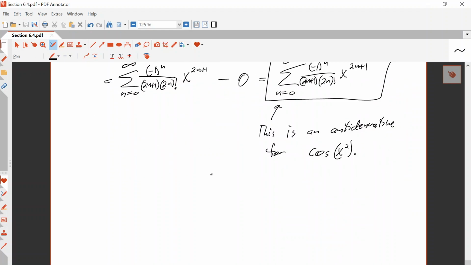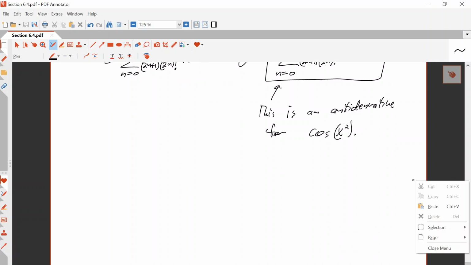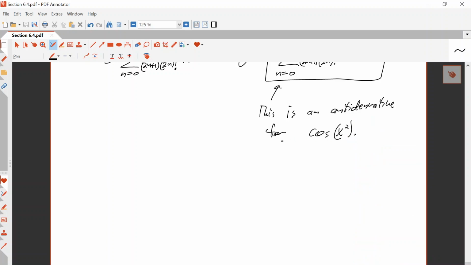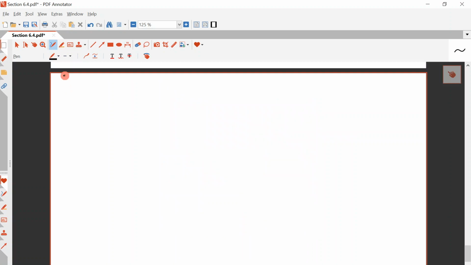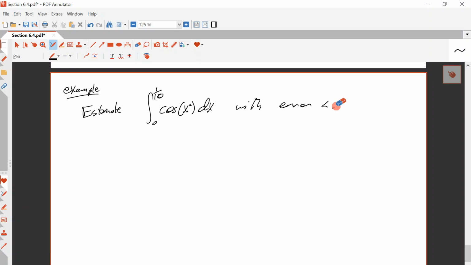Okay, so power series gives you an answer, and it's just a polynomial. So now let's use this to estimate an actual integral. Estimate the integral from 0 to 1/10 of cosine x squared dx with error less than 10 to the minus 5th. Okay, so we'll do the same idea.